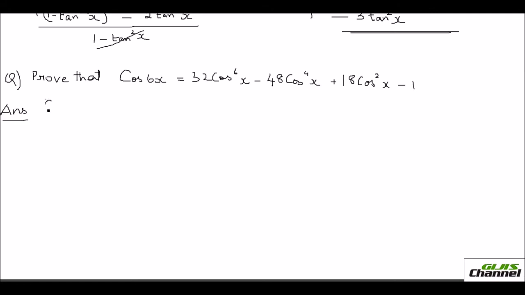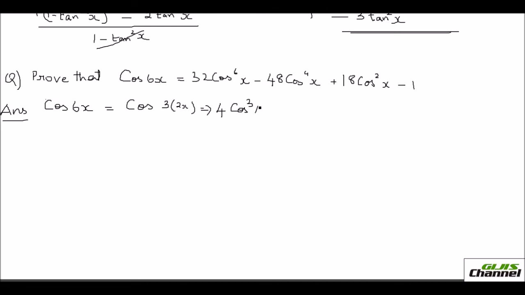So the cos 6x I'm going to split again as cos 3 times 2x, so that's 6x. So here this is in the form cos 3x, so I'm going to apply the formula there.